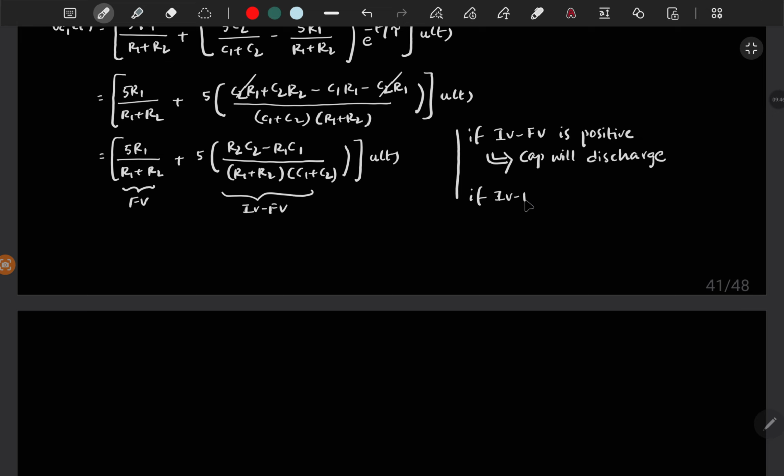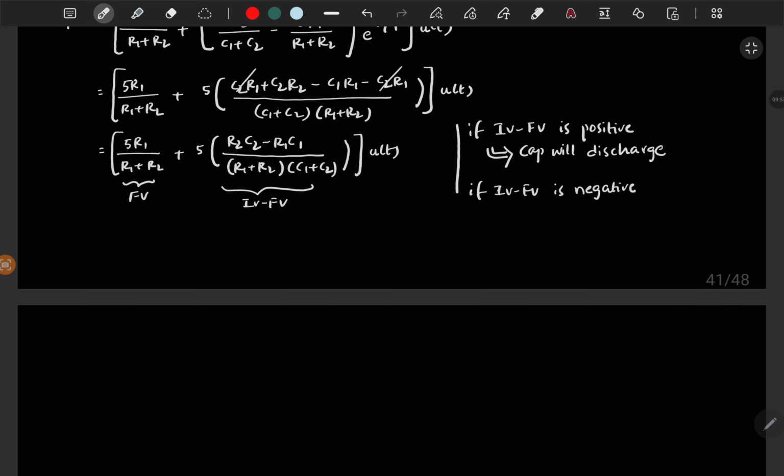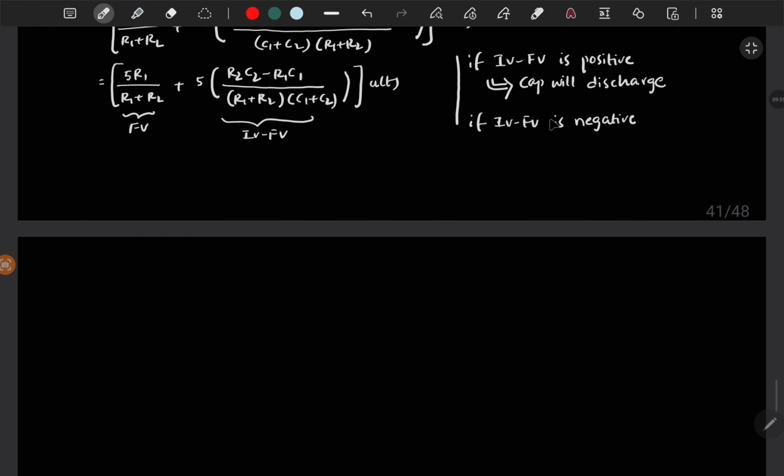Similarly, if initial value minus final value is negative, the final value is more and the initial value is less compared to the final value. So the capacitor should have been charged. So the capacitor will charge for this condition.